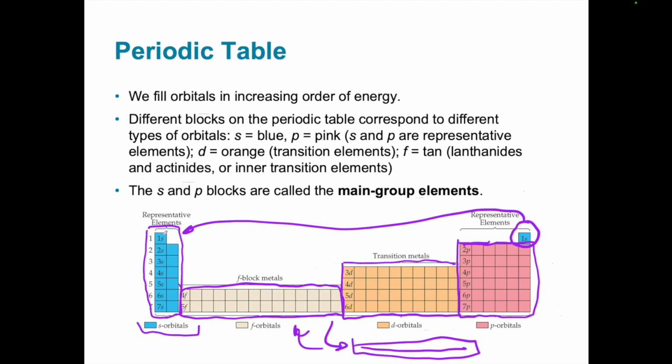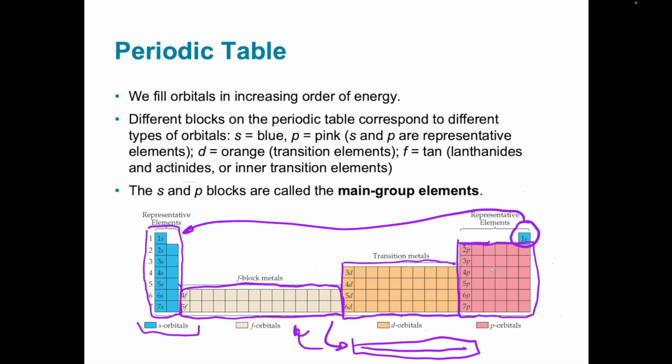For example, helium already has a full valence shell anyway, so it's got 2 in the s orbital, and that's why it's an s block element. Sodium, let's do sodium. Sodium's right here in the 3s. Its final electron in its valence shell is in the 3s orbital, and so that's why it's in the s block.